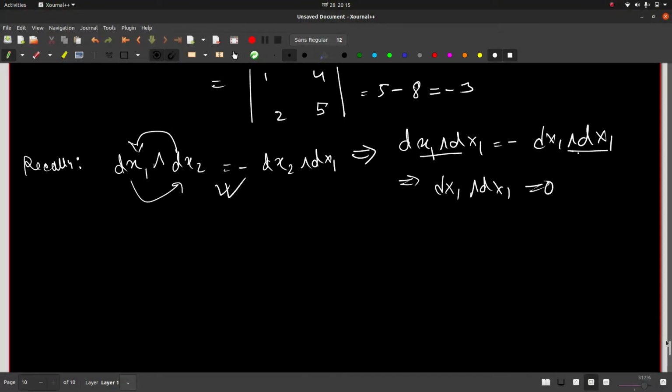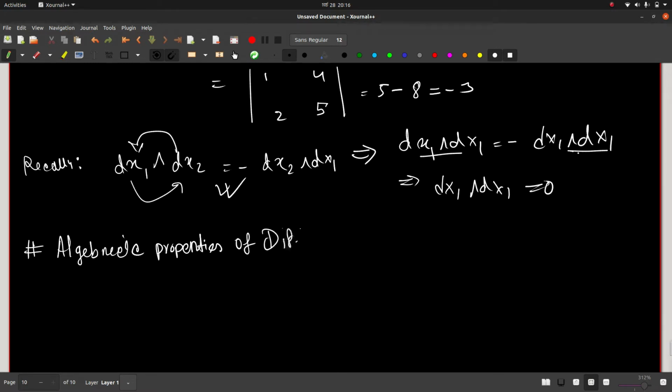Now, since we are almost done, we want to show some properties of differential n forms, that is some algebraic properties. We will not go into the proofs, but we will just state them here for the completeness of this lecture. So, algebraic properties of differential forms, and this will hold for any differential form, that means 1 forms, 2 forms, L forms, whatever.